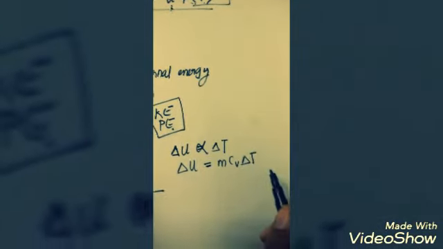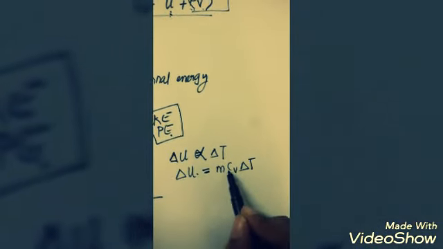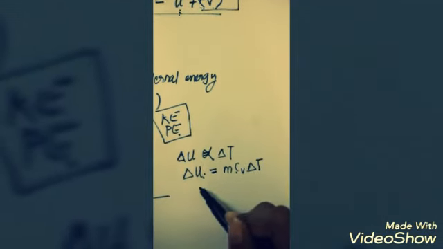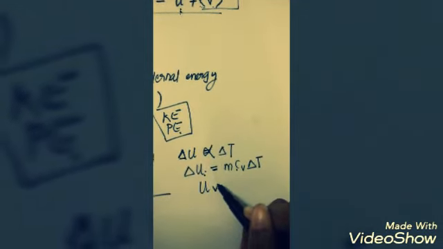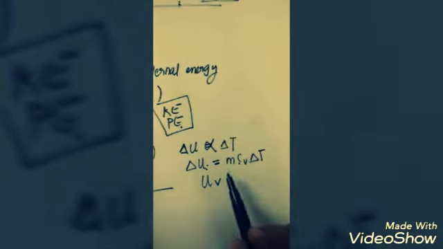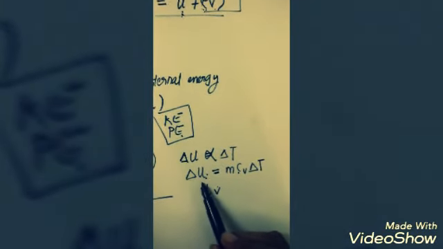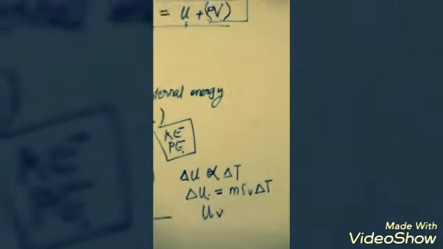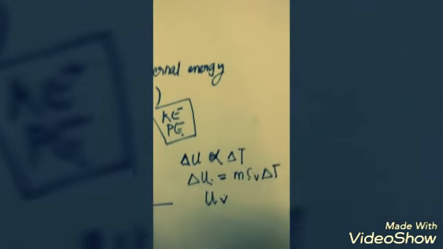For ease of remembering that Cv comes with delta U, just remember: U comes with V, they're shaped almost similar. So delta U is equal to mCv delta T, not mCp, it's mCv delta T. That is specific heat at constant volume.